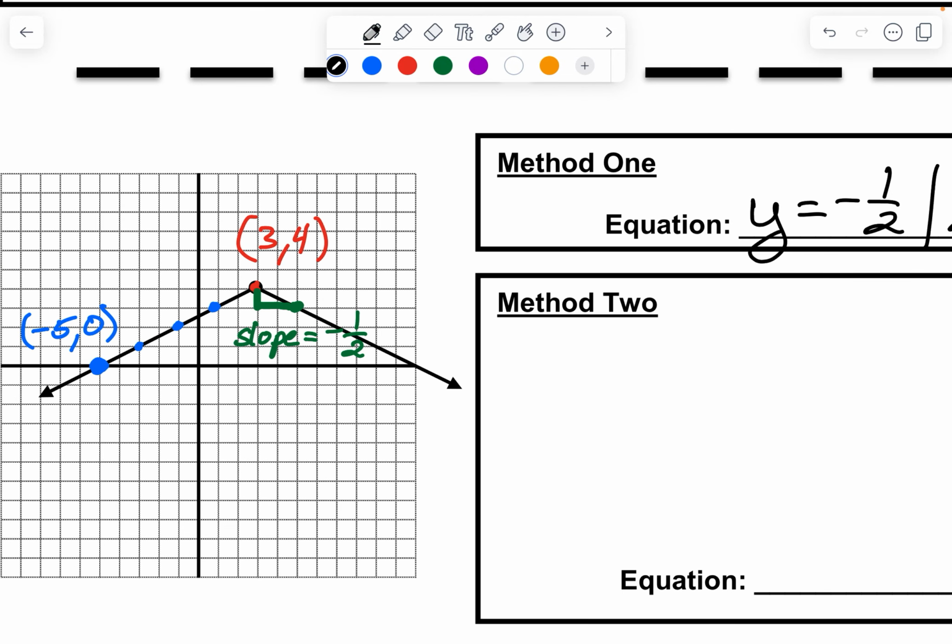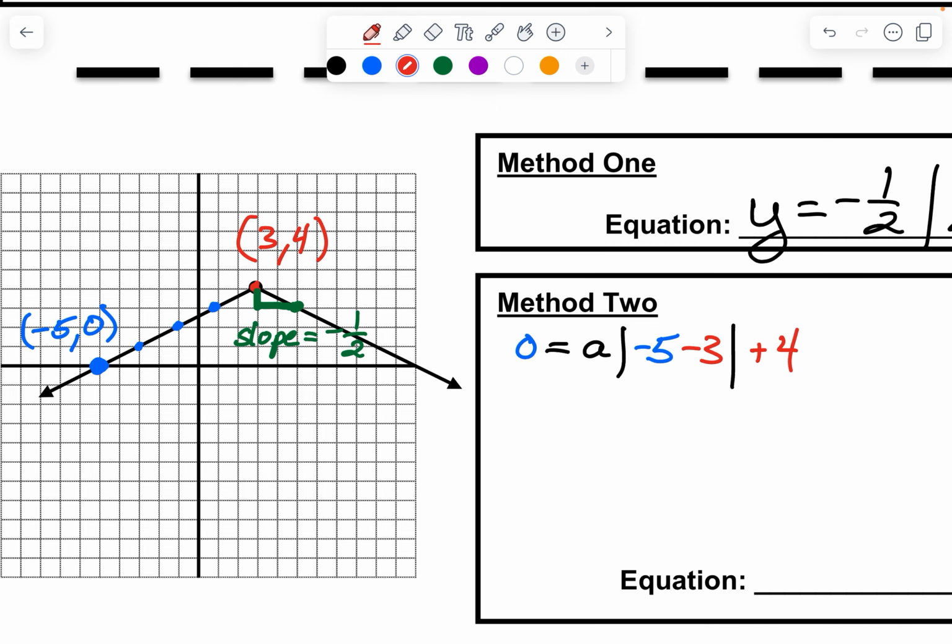Now, when you plug in, you're going to be plugging your point in for x and y. Okay, so I plug that in for x and y. You're also going to be plugging in your vertex for h and k. Do you see here that I am not plugging in for the letter A?